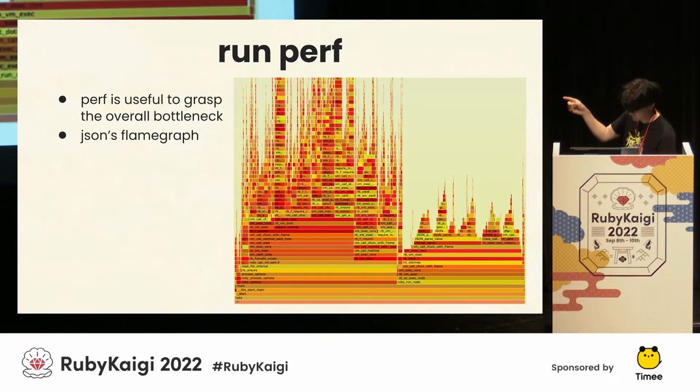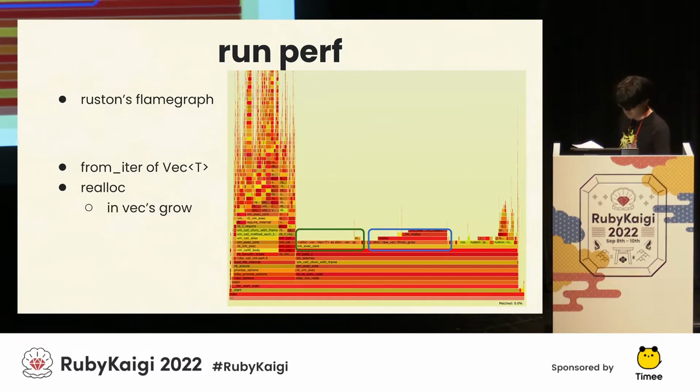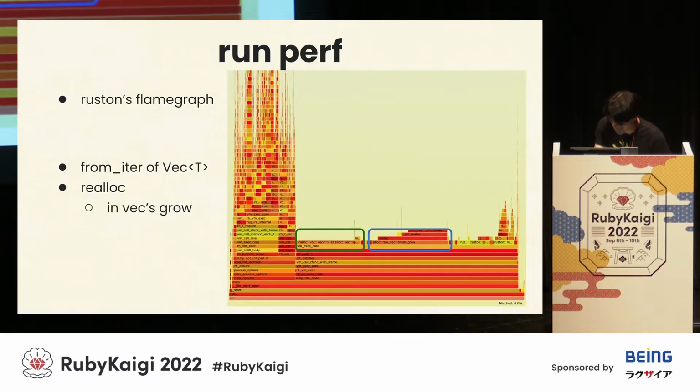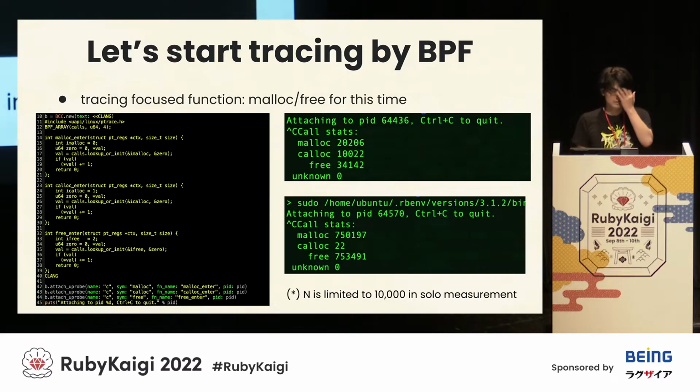This is CJSON's flame graph. This is Ruston's first flame graph. There are some differences in the graphs. Maybe we must look into these functions. So let's start tracing by BPF.